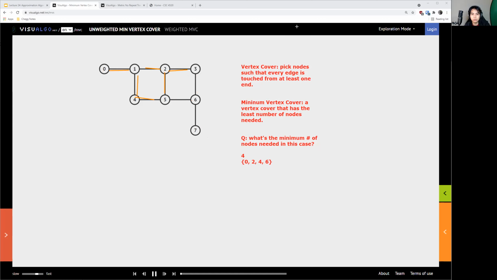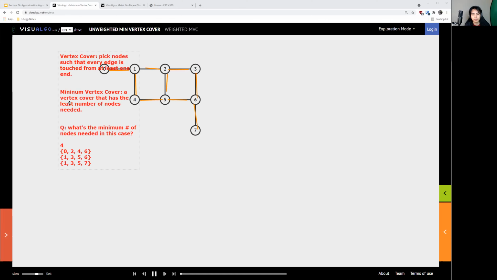You could also do 1, 3, 5, and 6. 1 is selected, 3 is selected, 5 is selected, and then 6 is selected here. You could also do 1, 3, 5, 7, right? These are all reasonable minimum vertex covers for this graph.